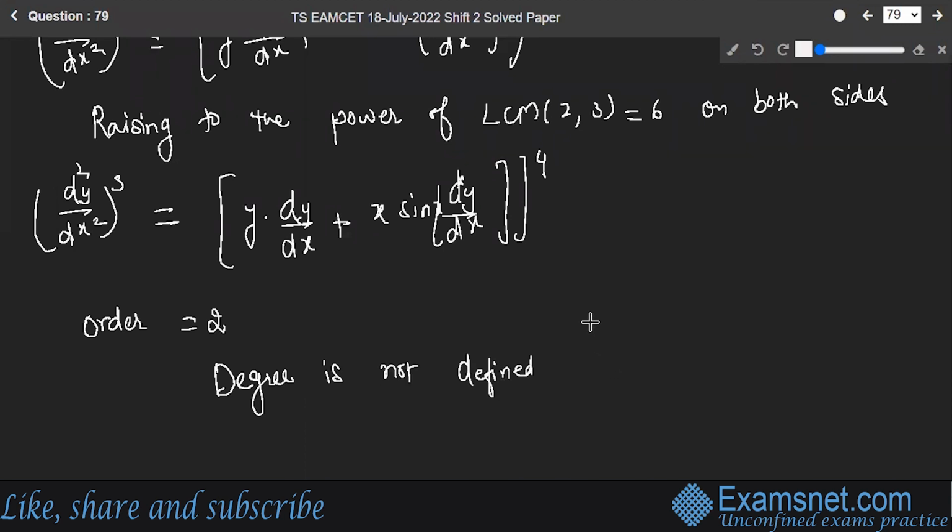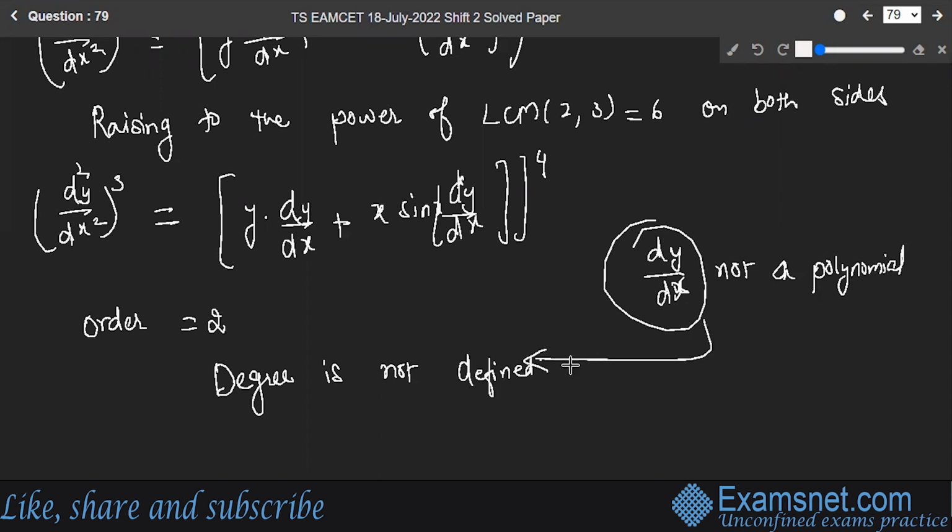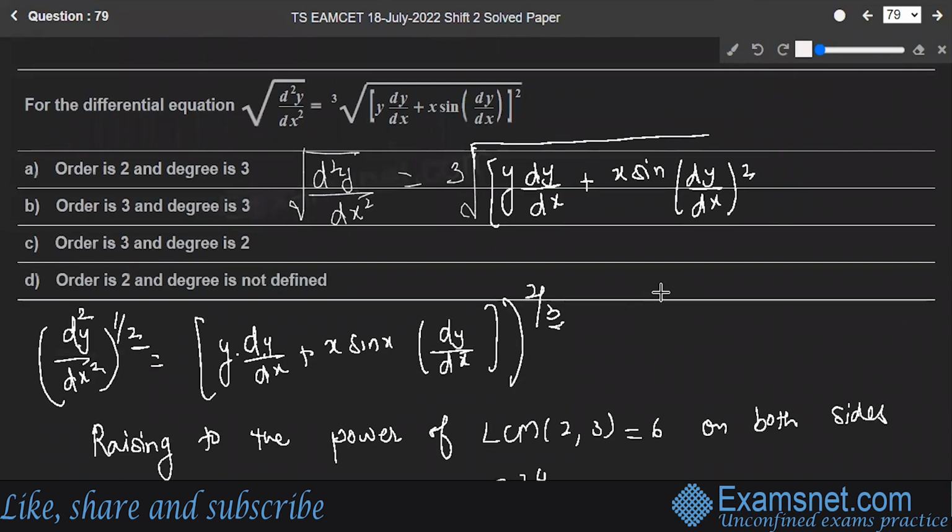Why? Because this differential equation is not a polynomial in dy by dx. Therefore, the degree is not defined for this differential equation. That means the order is 2 and degree is not defined, and option D stands to be the correct answer.